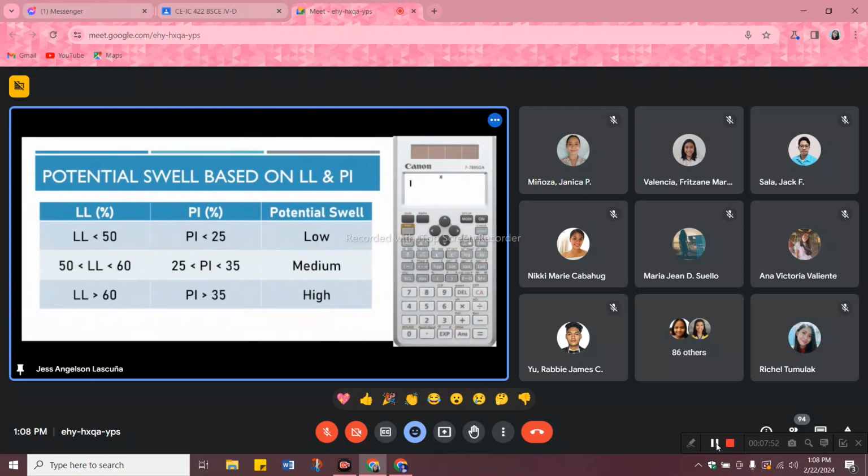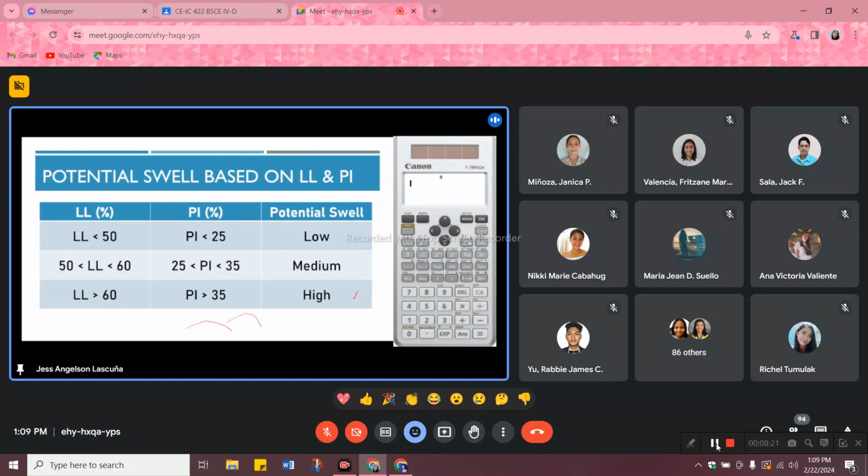Meaning ang potential swelling is the tendency sa soil to increase in volume. Kay di ba if maglagay tag tubig sa soil, mo-increase man ang volume niya. So if naa tay high nga potential swelling, so dali mo-expand ang atong soil.